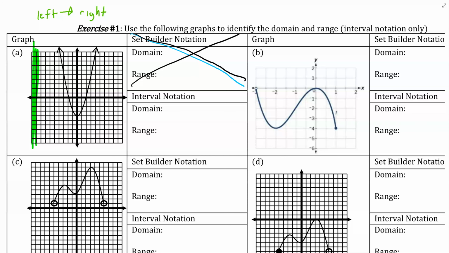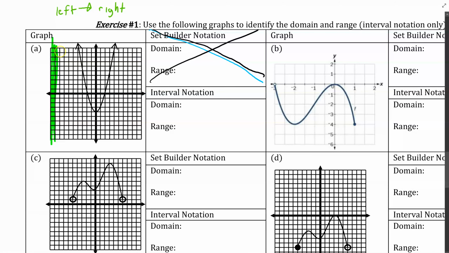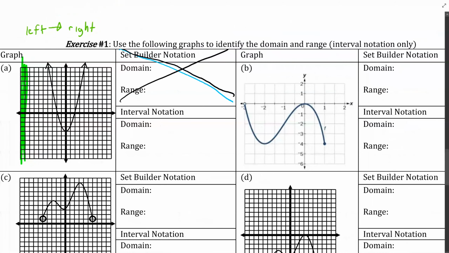If you sweep your pencil from left to right, what is the first thing that we hit? Well, the first thing that we hit is this arrow that goes to the left. I know it's a little misleading because it looks like the arrow only goes to the up direction, but all arrows have a left/right and an up/down.